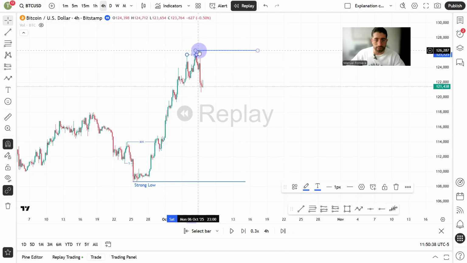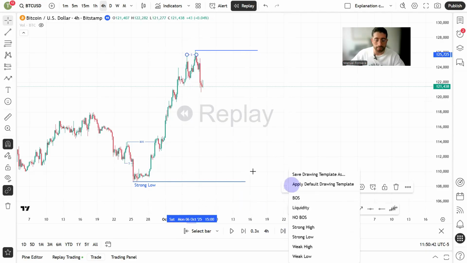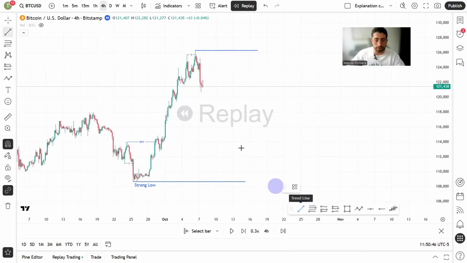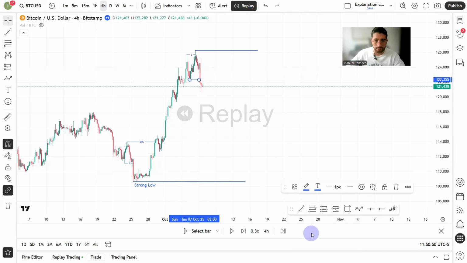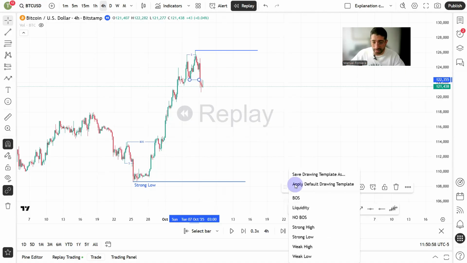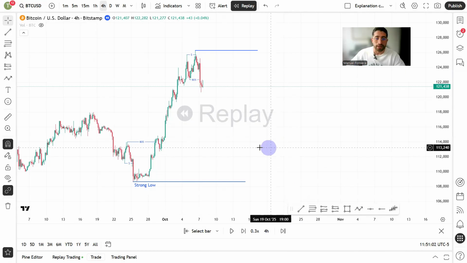And after this liquidity taken, the body of the candle breaks the swing low, or the lowest point of the market, with a body of the candle, which means that if this is the range beginning, this should be the range ending.